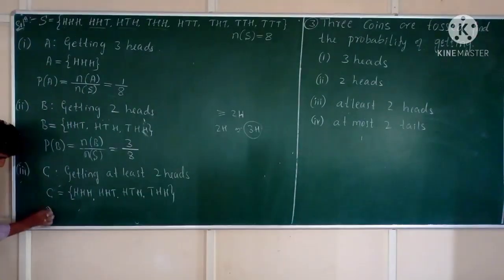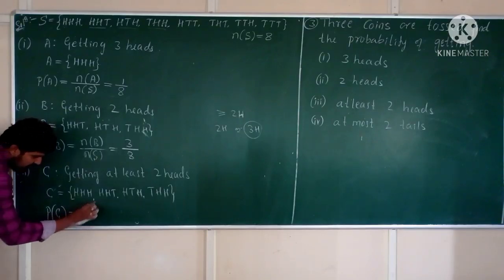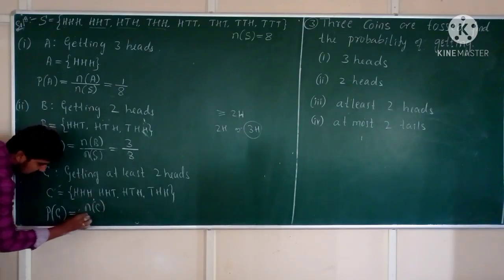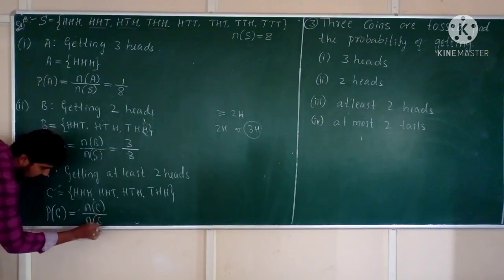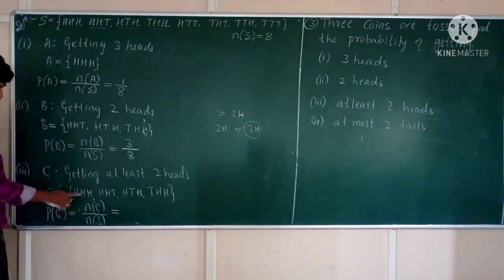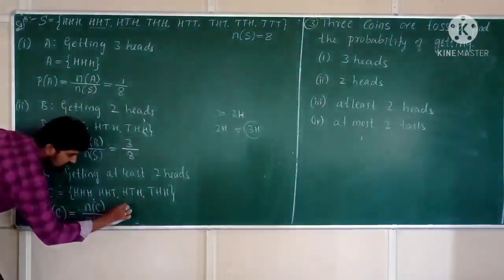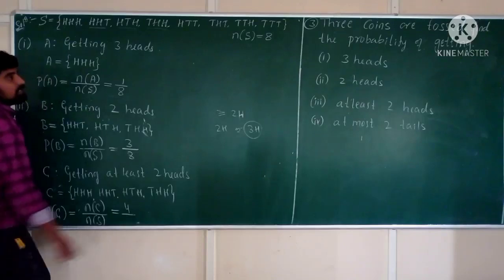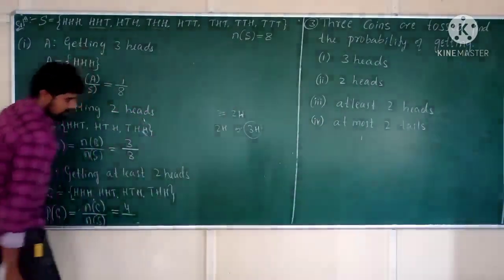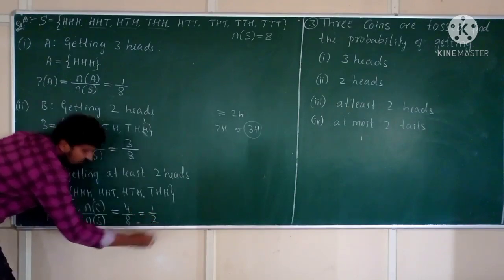Therefore, the probability of the event C is given by the number of outcomes present in event C divided by the total number of outcomes present in the sample space, which is equal to 1, 2, 3, 4. 4 outcomes are present in event C, therefore 4, divided by 8 outcomes present in the sample space, which is equal to 4 ones are 4, 4 twos are 8.